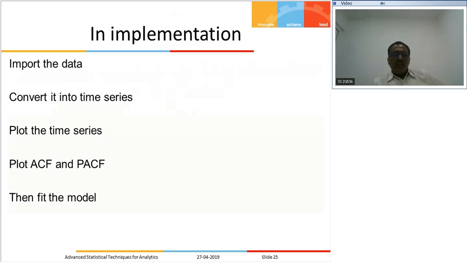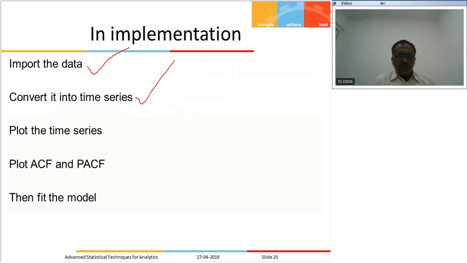Now, suppose we try to implement it. What are the things? We have to import the file, in whatever format we have, into any of the tools, either R or Python, and convert it into a time series. Then plot the time series.